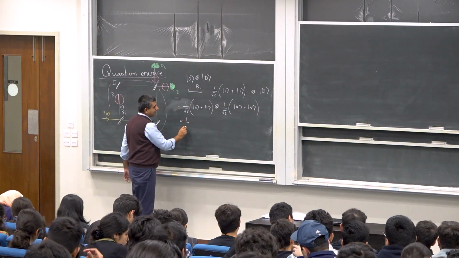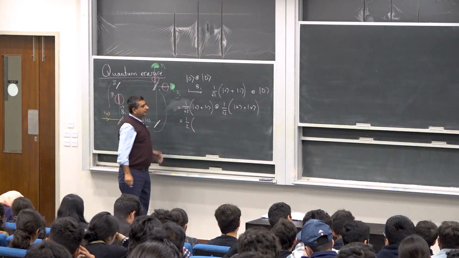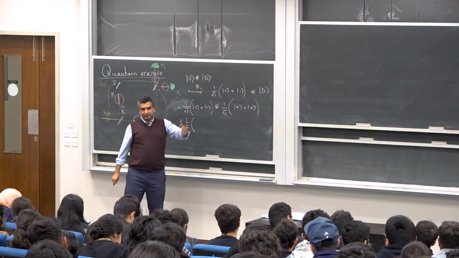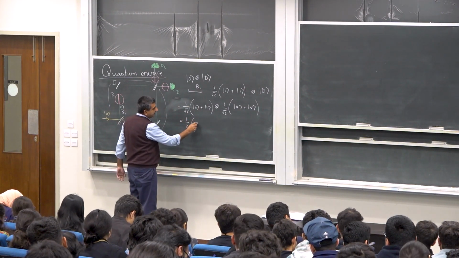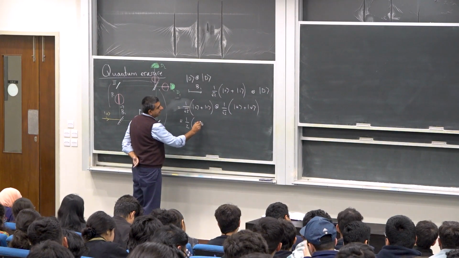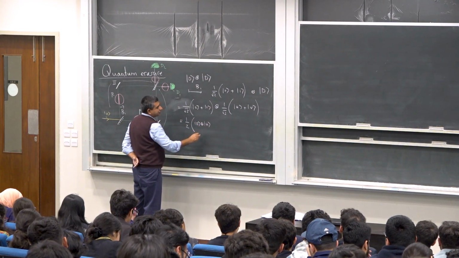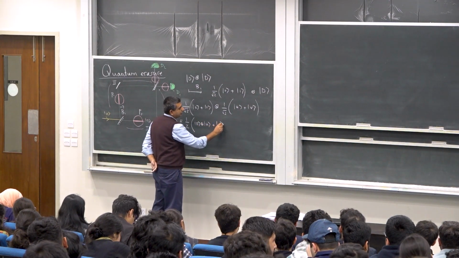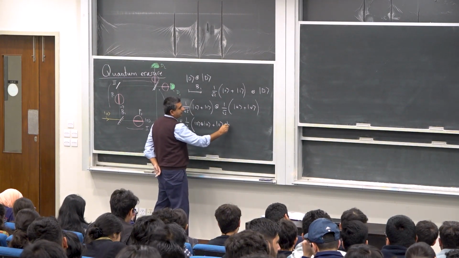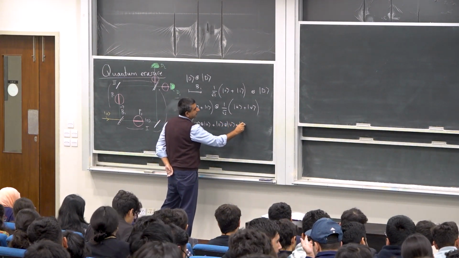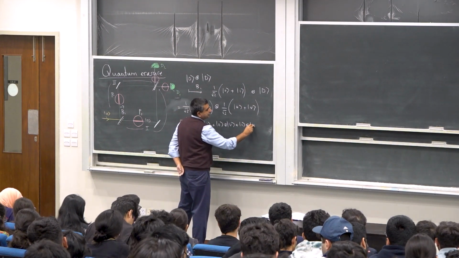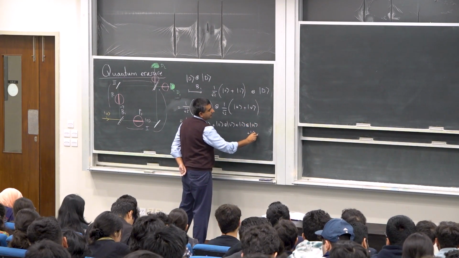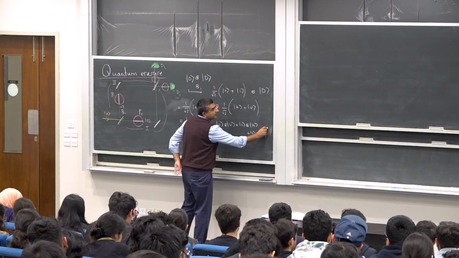If you wish, I could also expand this out: ket 0 tensor ket H plus ket 0 tensor ket V plus ket 1 tensor ket H plus ket 1 tensor ket V.